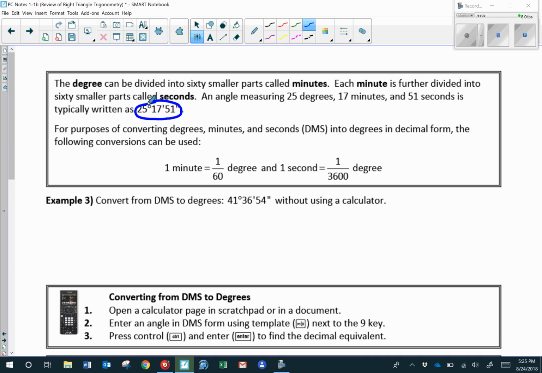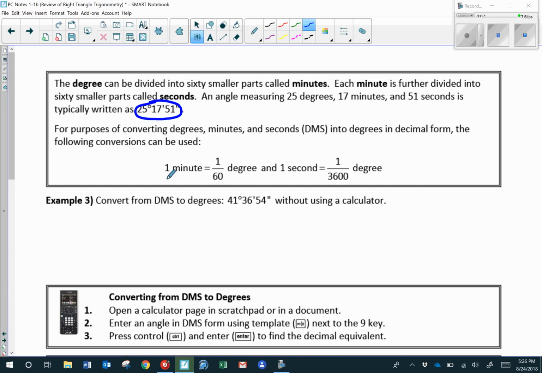It looks a lot like the notation for feet and inches, although again in context we know we're talking about an angle. For the purpose of converting from degrees, minutes, and seconds into decimal form, we can use the following conversions. 1 minute is 1/60th of a degree, 1 second is 1/3600th of a degree.